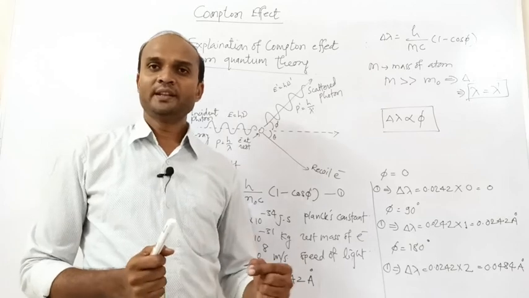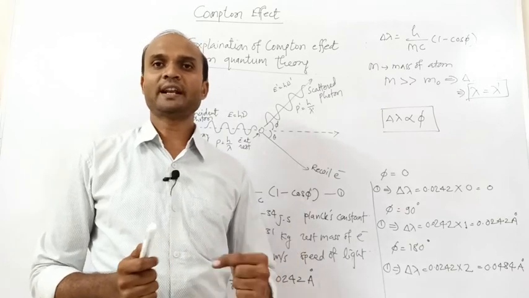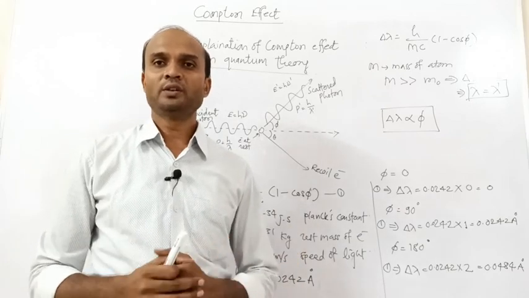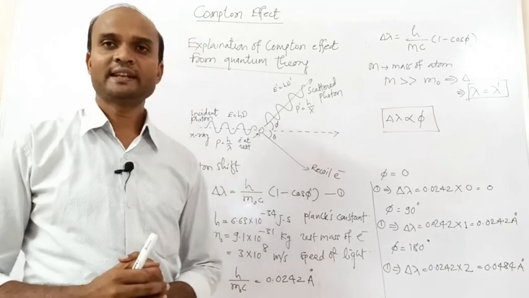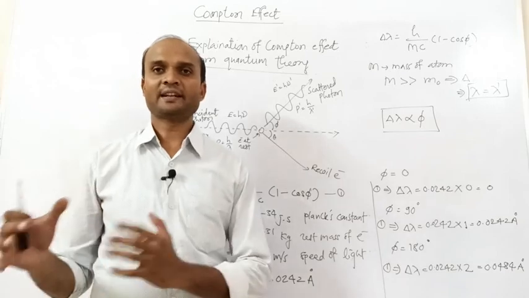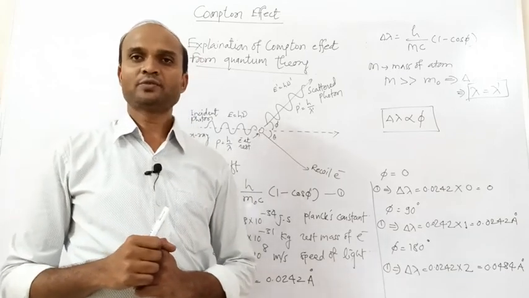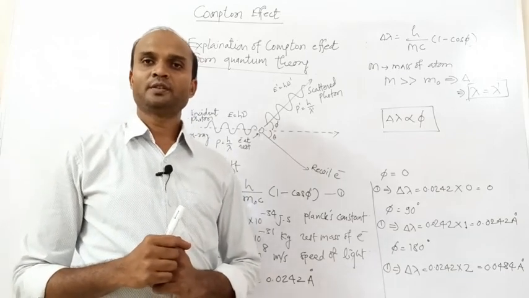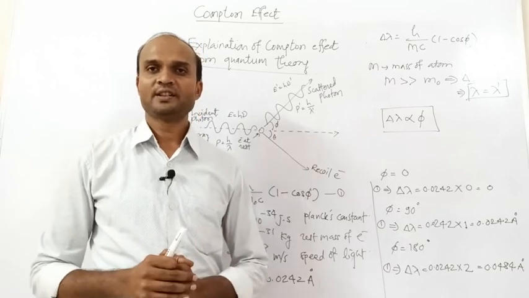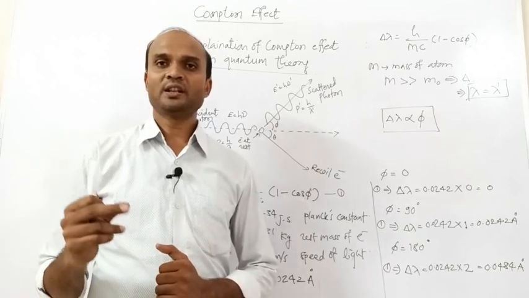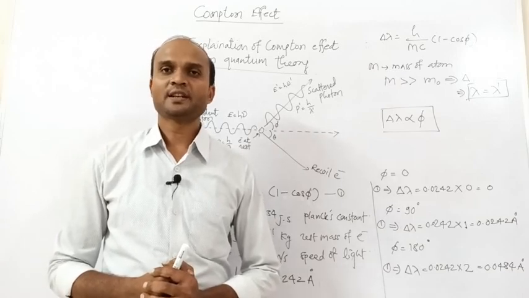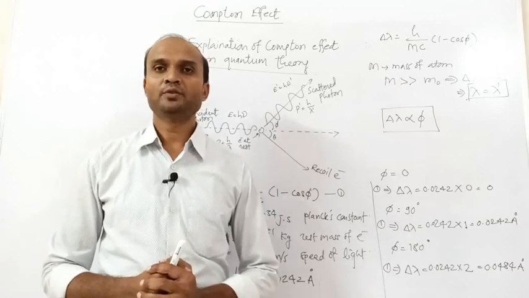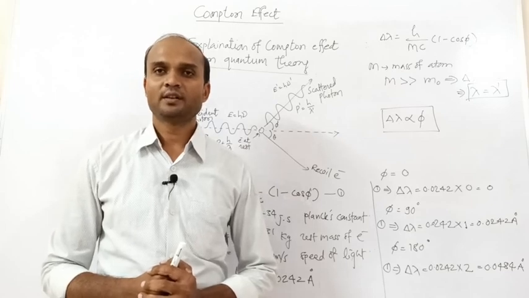But when that photon interacts with inner tightly bound electrons, then it cannot scatter the atom, and that's why the energy of the photon will not change and we get the original wavelength. So this is the explanation of the Compton effect by using quantum theory.